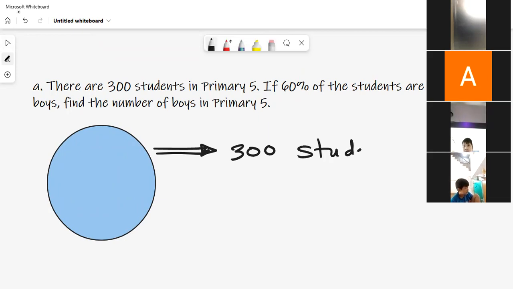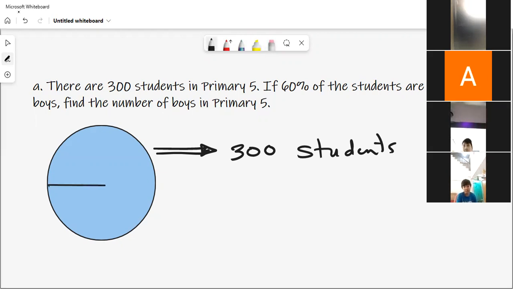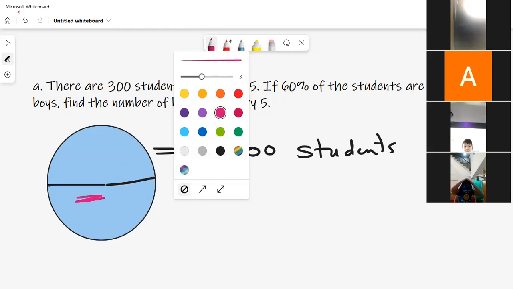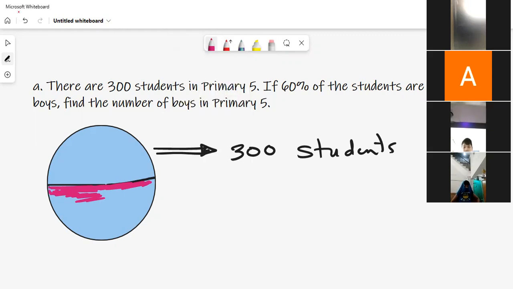Now, 60%. 50% is half, so 60% is more than half. Let's color this part red. This part here is the boys, 60%. I'm explaining here, are you listening?